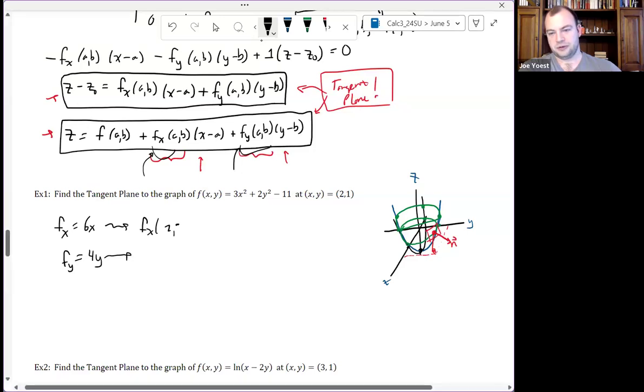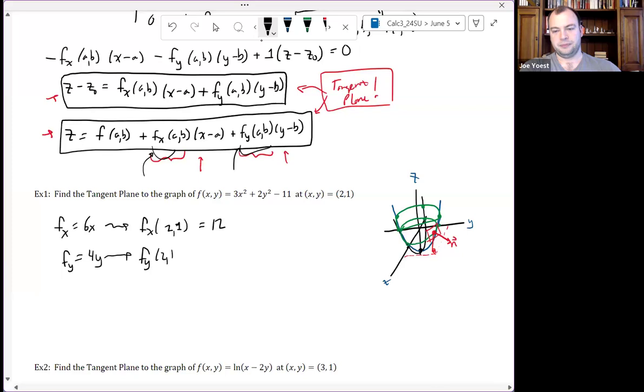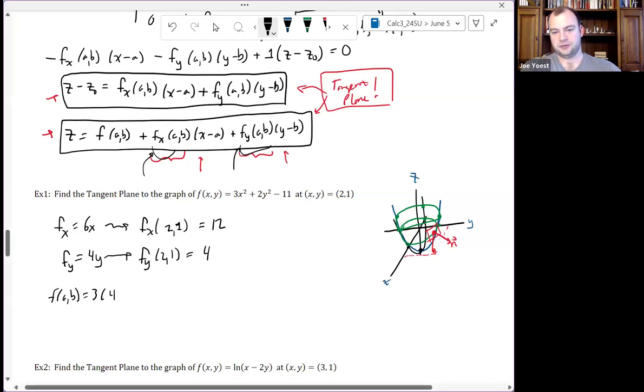So fx of 2, 1, x equals 2, y equals 1, is 6 times 2, or 12. And fy of 2, 1, when x is 2, y is 1, is just 4. I also need f of ab. What is that? That's 3 times 2 squared, which is 4, plus 2 times 1 squared, which is 1, minus 11. 12, 14 minus 11 is 3.